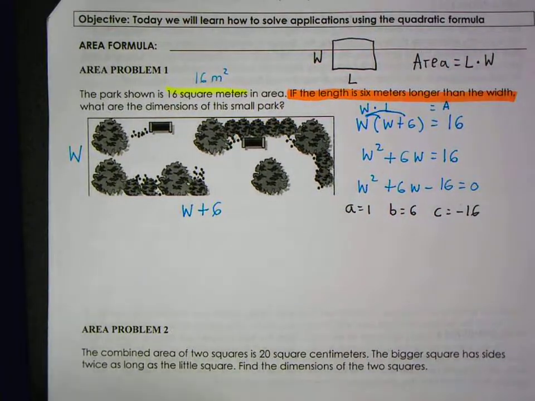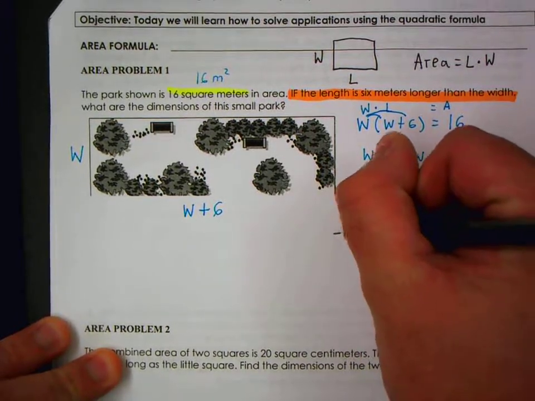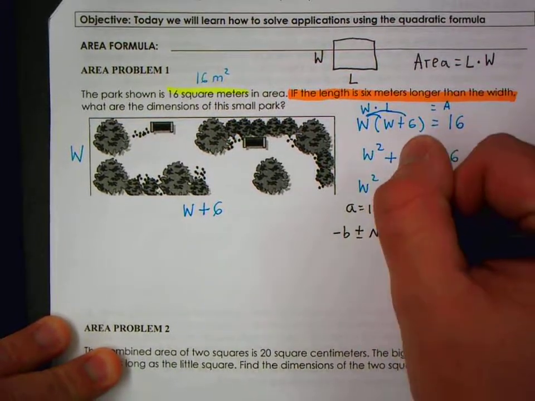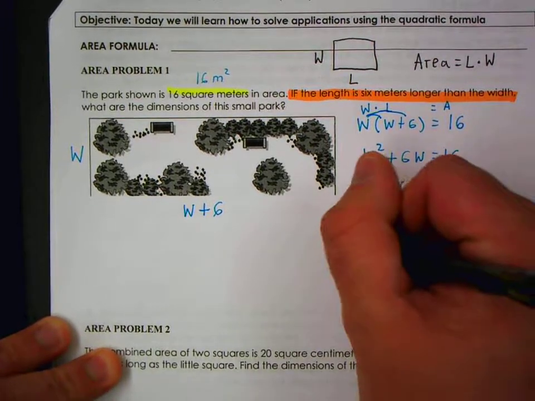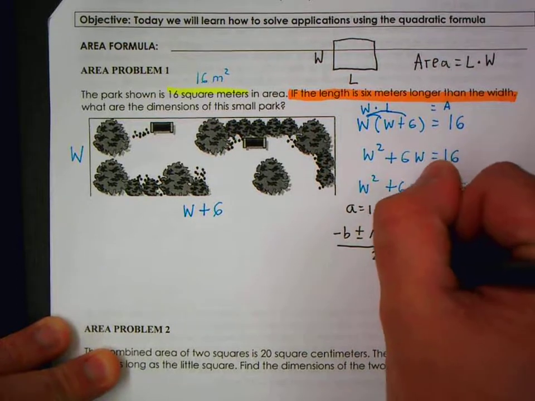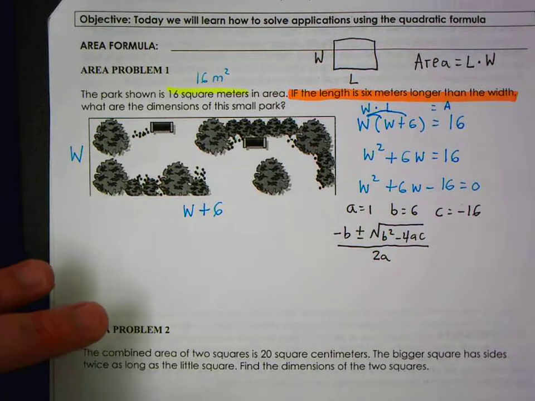The formula is negative b plus or minus square root b squared minus 4ac all over 2a. Or if you know how to factor, you can do it that way, or complete the square, or by graphing. Just know a method.